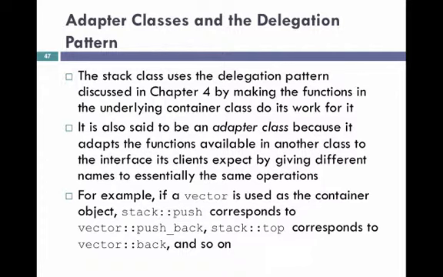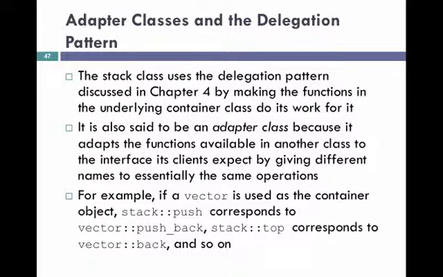The stack class uses the delegation pattern we saw in Chapter 4. It makes functions in the underlying container class do its work for it. We might also call this an adapter class because it adapts the functions available in another class to the interface its clients expect by giving different names to essentially the same operations.